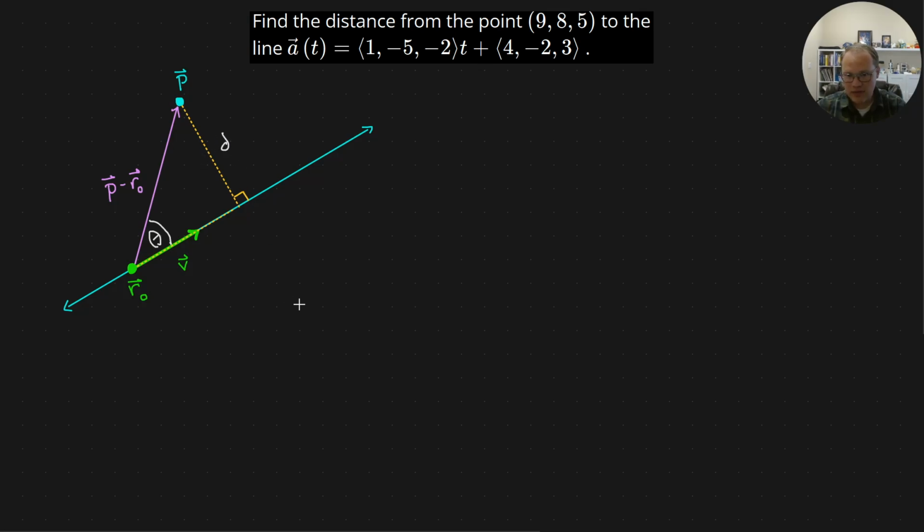Let's call this d for distance. We could get the distance from the point to the line. So using trigonometry, we know sine of theta is equal to the opposite, d, the length from the point to the line, over the hypotenuse, which would be the length of vector P minus R naught. So I'll take the magnitude, the norm.